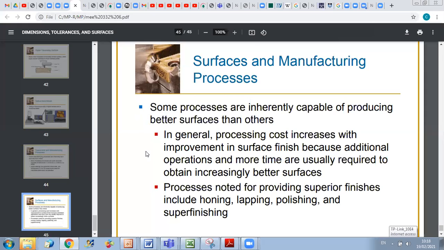Can you repeat the first one, honing? Yes. Honing consists of using a stone, and the surface of this stone is made of small grains. The hone is composed of abrasive grains that are bound together with an adhesive material.